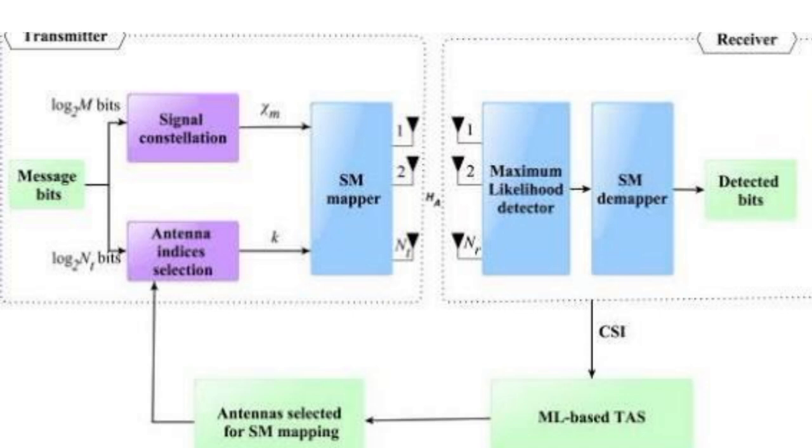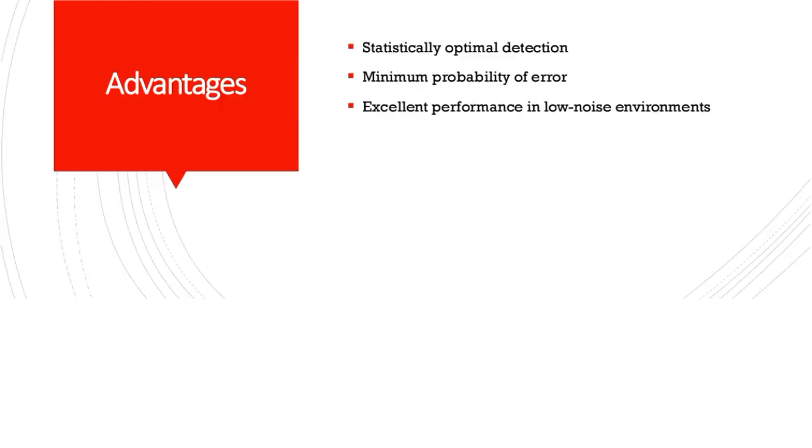This is similar to analog to digital conversion; in the same manner, here we do SM mapping and SM demapping. First we assign the signal to weighted values, then at the receiver end we demap it. Here the antenna is selected for SM mapping, and this is where we actually use maximum likelihood.